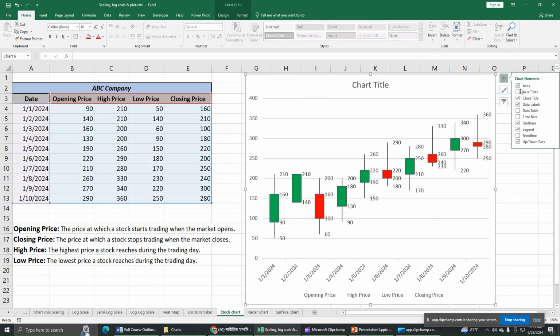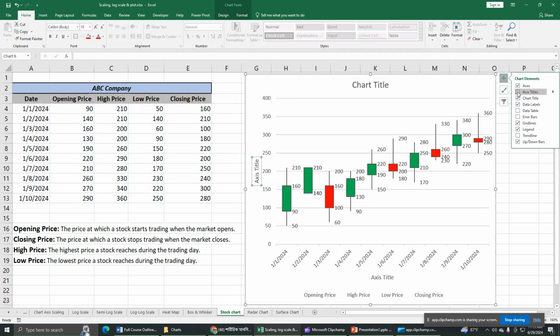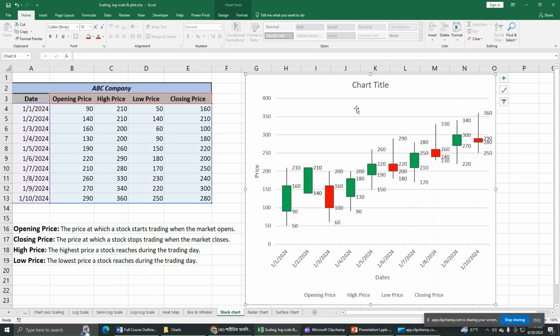From here we can add the axis titles, that is, here we can say the price information, and in this axis these are dates.